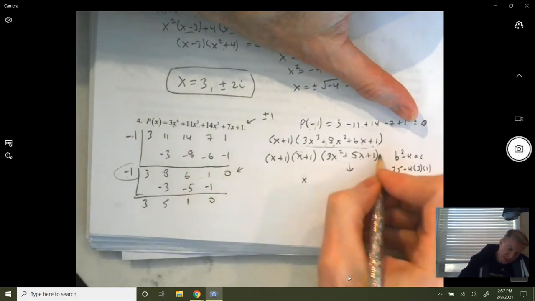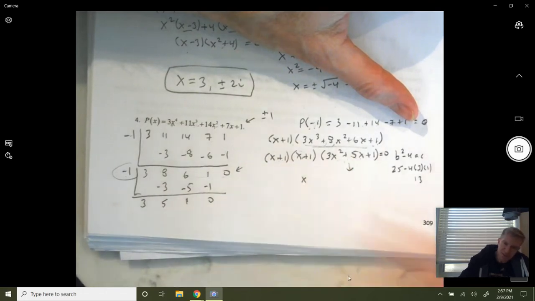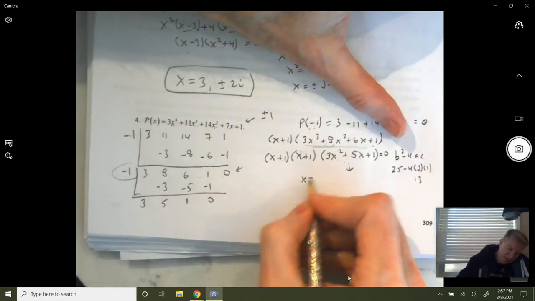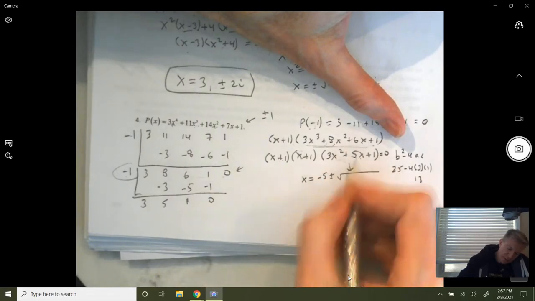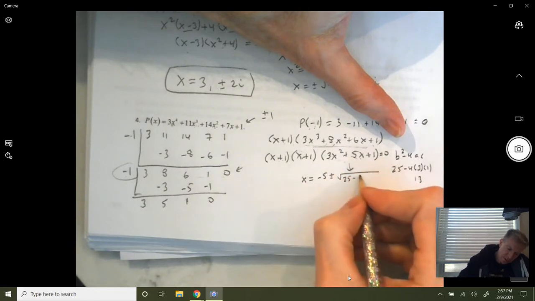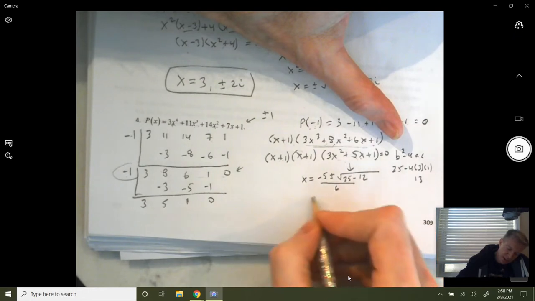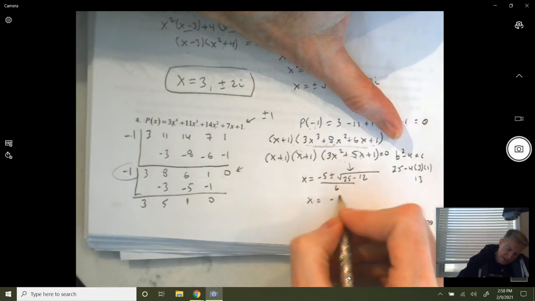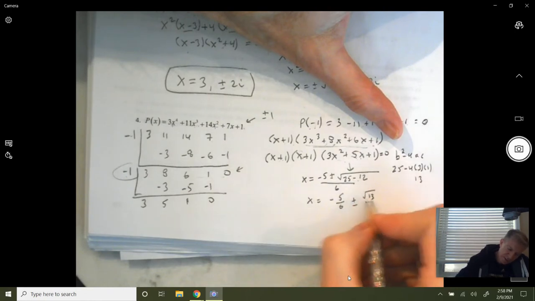Remember, we're setting this thing equal to 0, so figure out what values of x make each of these factors equal to 0. X equals opposite b plus or minus square root b squared minus 4 times 3 times 1 over 2 times 3. So we get x equals -5 plus or minus rad 13 over 6.